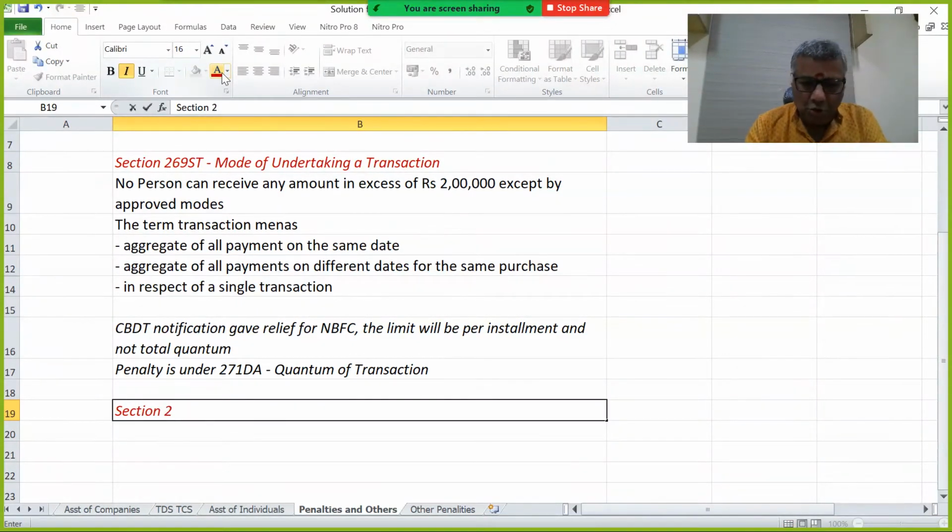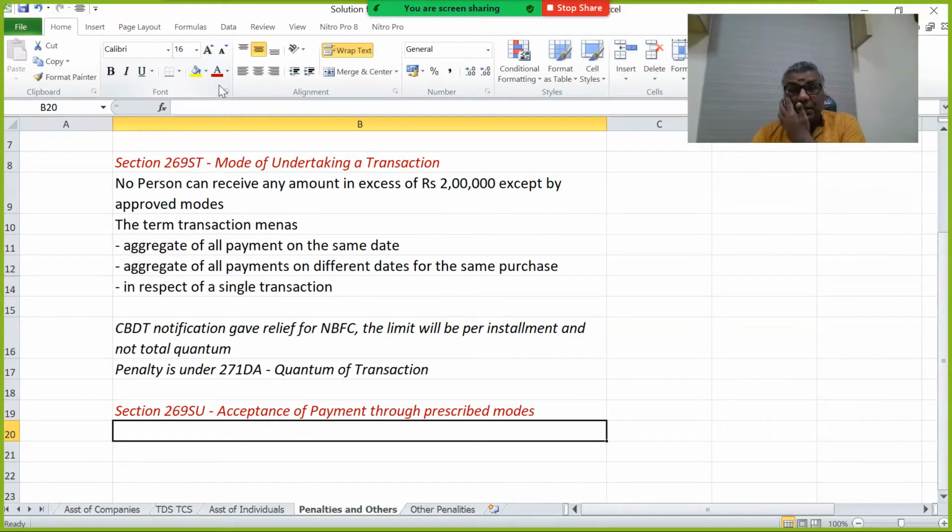Section 269SU is receiver based: acceptance of payment through prescribed modes.